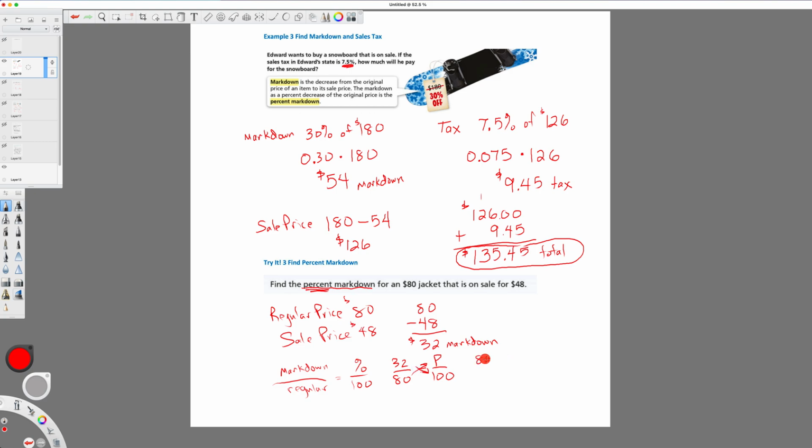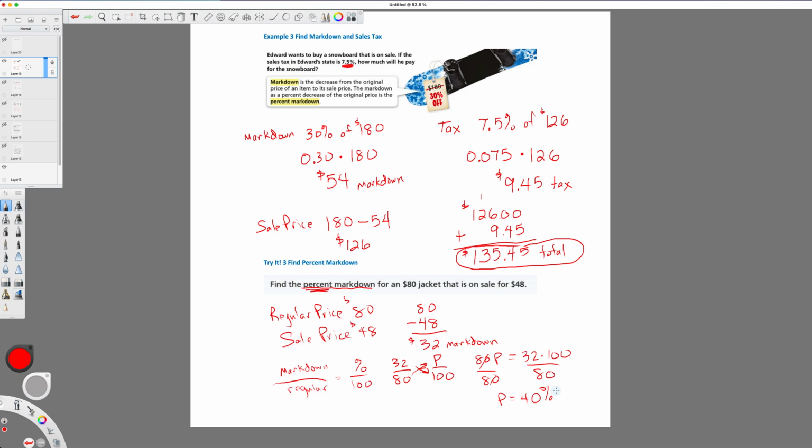So 80 times the percent equals 32 times 100. And then I'll divide by 80. And then 32 times 100 divided by 80, and I got 40. But remember, this is a percent, so it's 40%.